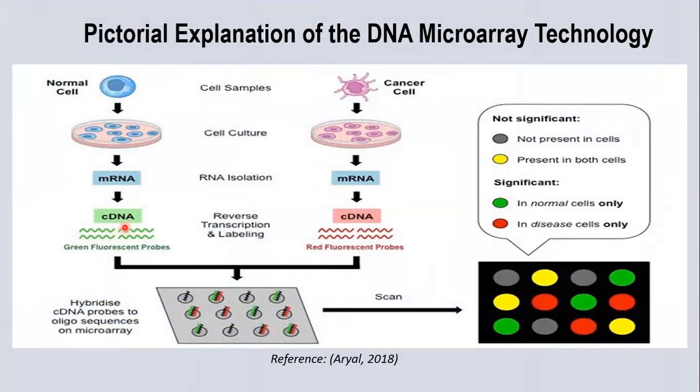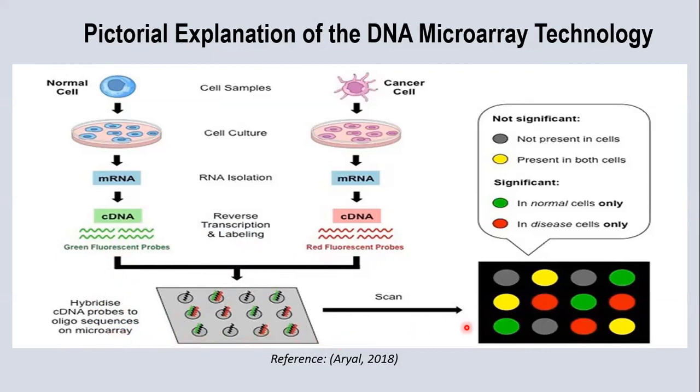This DNA is formed by reverse transcription, and then probe labeling is done. It is labeled with a green fluorescent probe in the normal cells, while in cancerous cells, the cDNA is labeled with the red fluorescent probe. These probes are then hybridized onto an oligonucleotide sequence array.